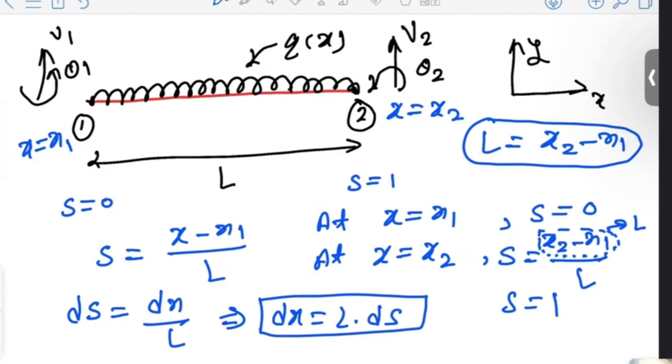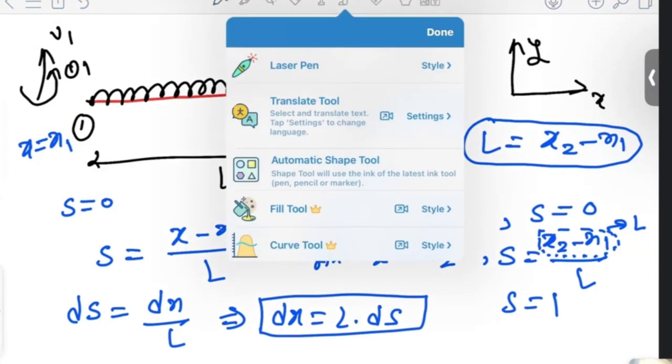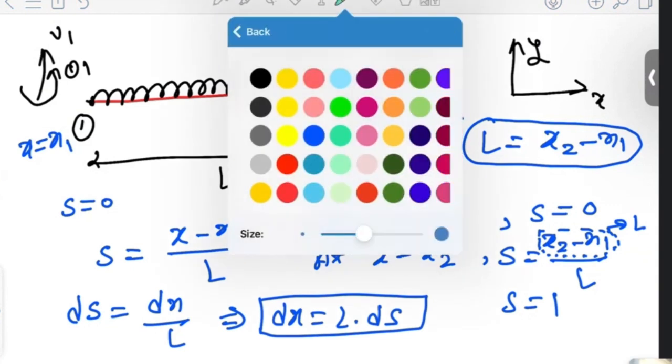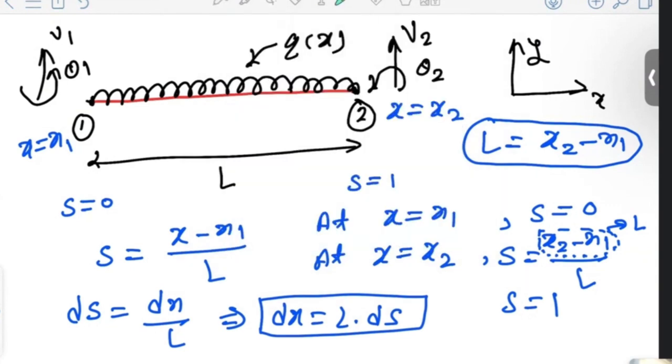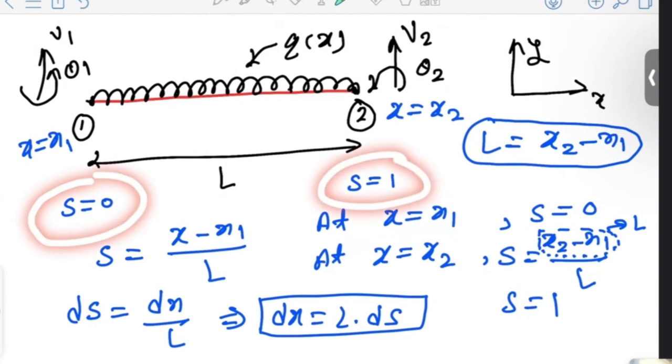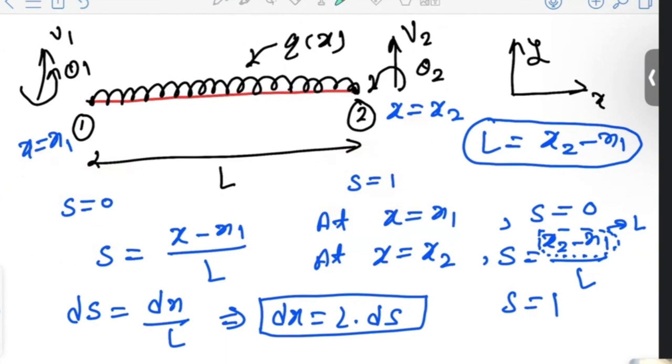I just converted from x equal to x1 to x2 into s equal to 0 to 1. This is not an issue, I am just converting.